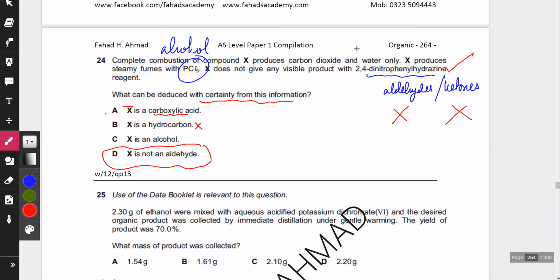Sir, when it says X produces carbon dioxide and water, does that mean it has a double bond as well? If it produces carbon dioxide and water, it means that there would be no Cl atom in it. Okay, just a second, my board is not writing.